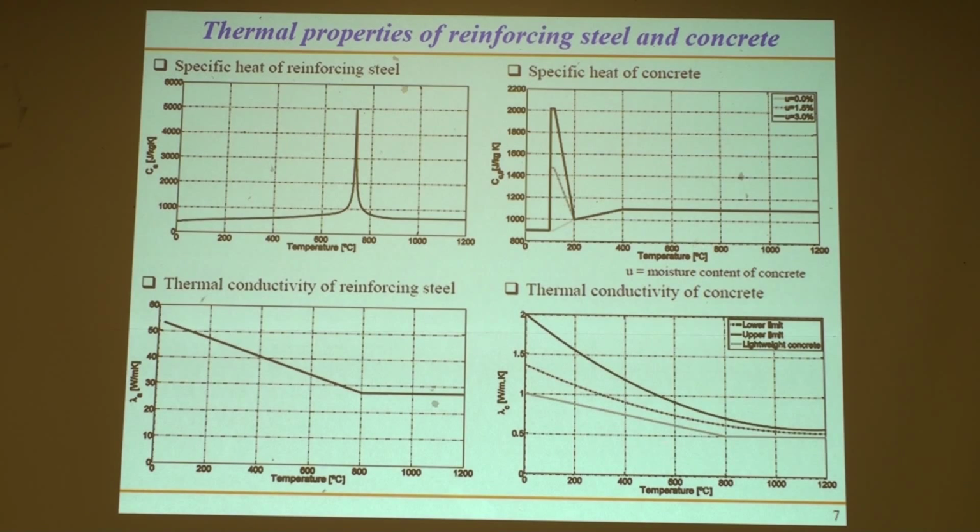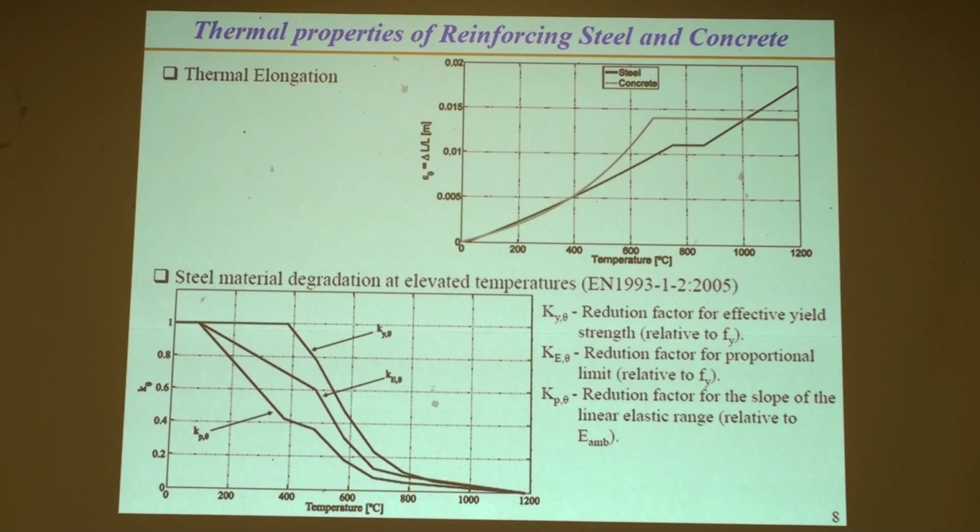So thermal conductivity of concrete and of steel on the left and concrete here on the bottom. Here you see, and this is interesting, the specific heat of concrete with temperature, and as a function of the moisture content in the concrete, you have very different behavior as the temperature starts increasing. And thermal conductivity also shows different behavior depending on what type of concrete you have.